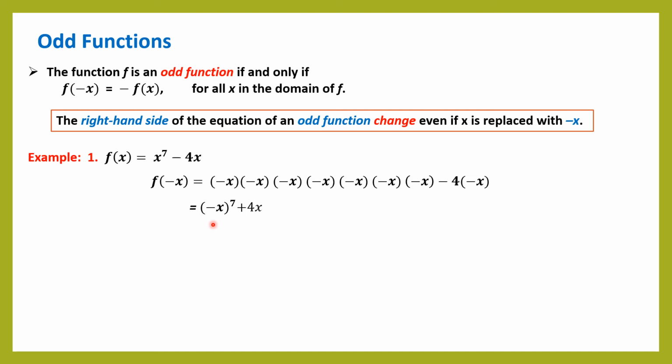So, ito ay negative kasi 7 ang ating exponent. So, odd. Then, plus 4x. So, paano siya naging plus 4x? Kasi negative 4 times negative x is positive 4x. Then, simplify natin to. So, we'll have here negative x raised to the 7th power plus 4x.